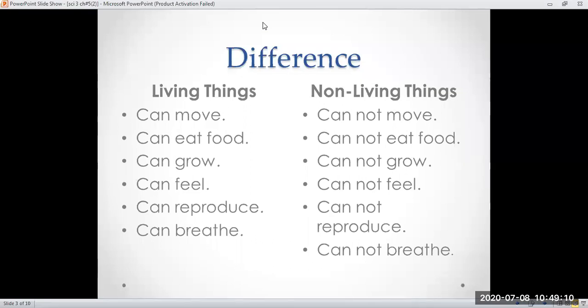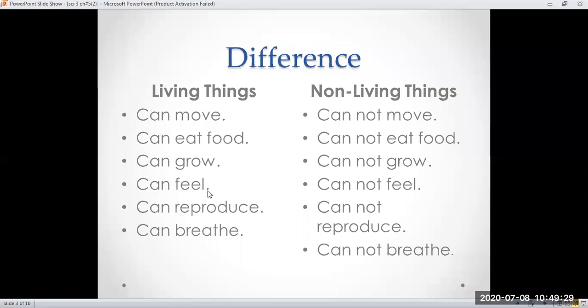So now the screen is visible on your screens. So the next quality is that living things can grow. All the living things in this universe can grow, while the non-living things cannot grow.